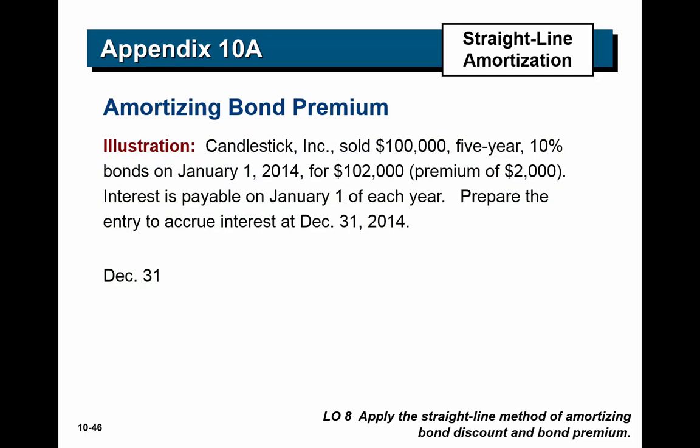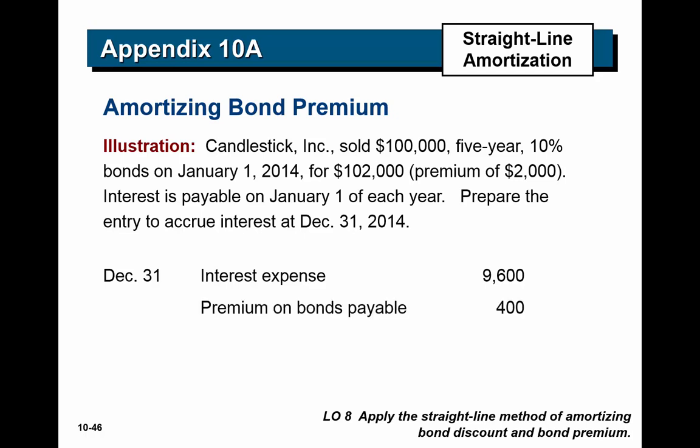Premium works the opposite way, right? Now with a premium, they've got $102,000, even though they're only going to have to pay back $100,000 at maturity. So, prepare the interest expense. Their interest expense is $9,600. Why?